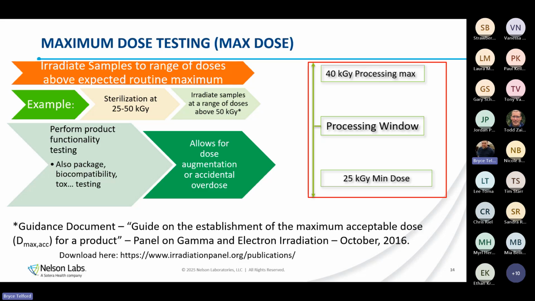Pretty much all of your other validation activities are going to be at that max dose, say 45 kilogray, 50 kilogray. So your packaging validation, your biocompatibility, your toxicology, as applicable, is going to be done at that maximum dose to demonstrate and ensure that the product can withstand that much radiation and remain functional.